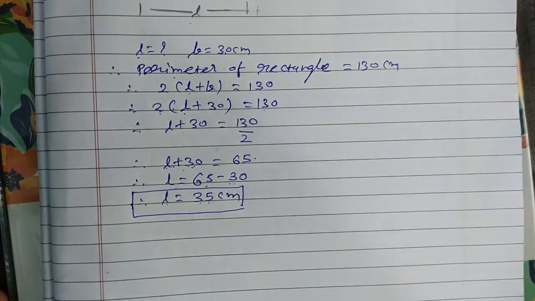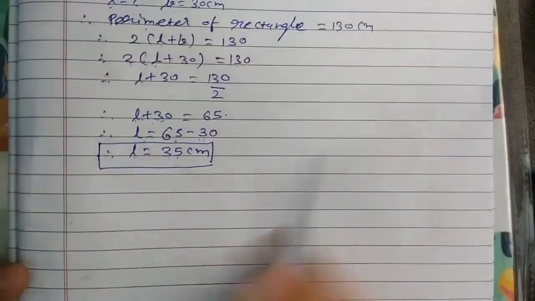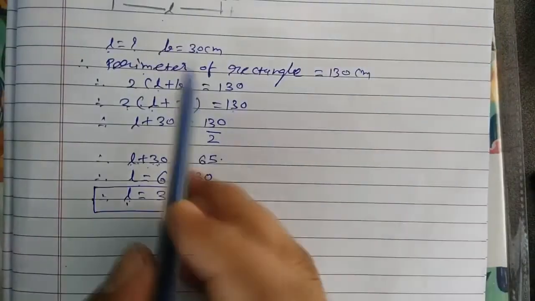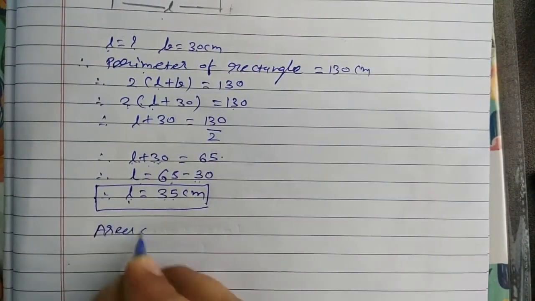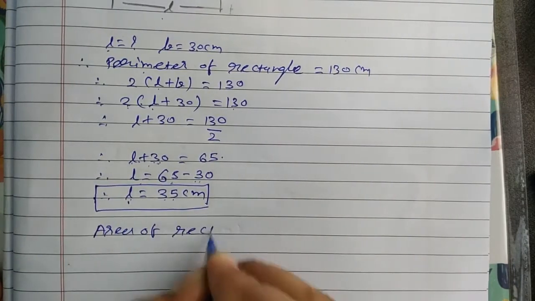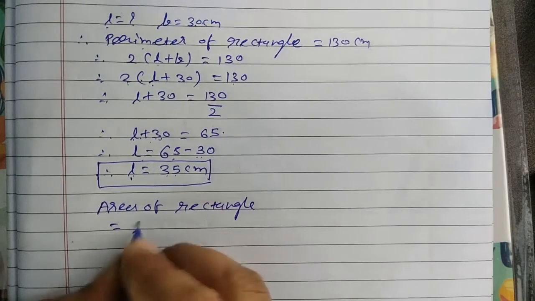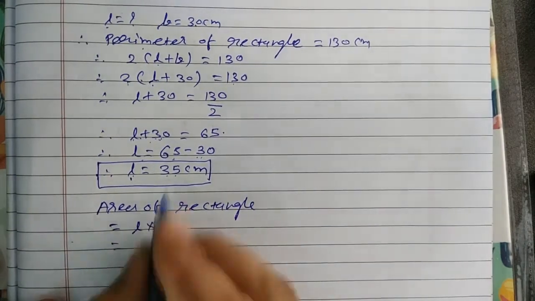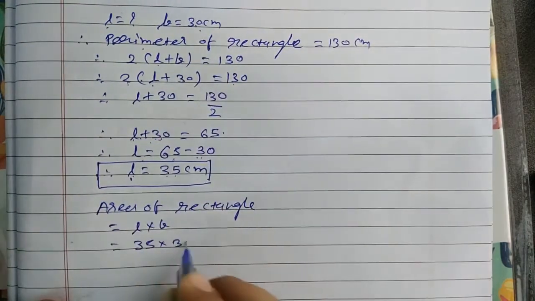Now also what we have to find? We have to find area of the rectangle. So here we have length and breadth. We will use this information to find area of rectangle, that is equal to length multiplied by breadth. Length is 35 and breadth is 30.